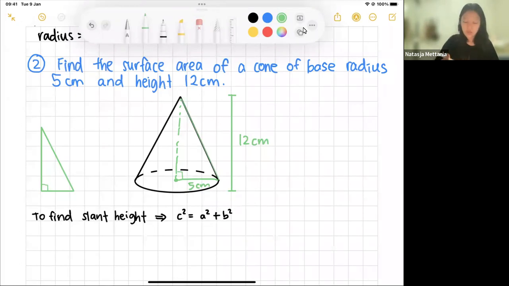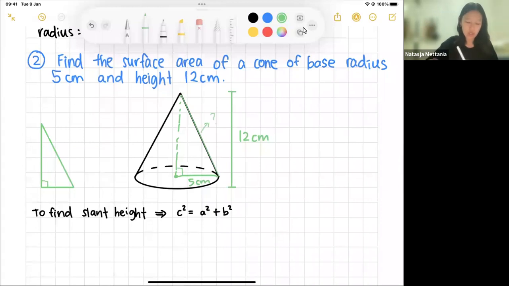Well, it is. So to find this, I need to use something that I've learned in surface area of pyramids. This is called the Pythagoras theorem, which only works with right angle triangles. So I'm going to draw a right angle triangle, to take it away from the sketch so I can see it properly.